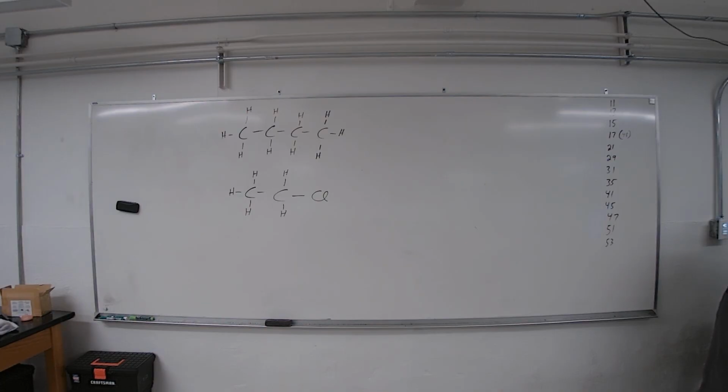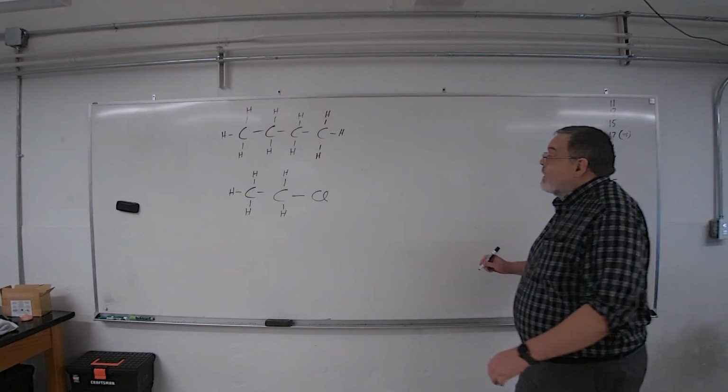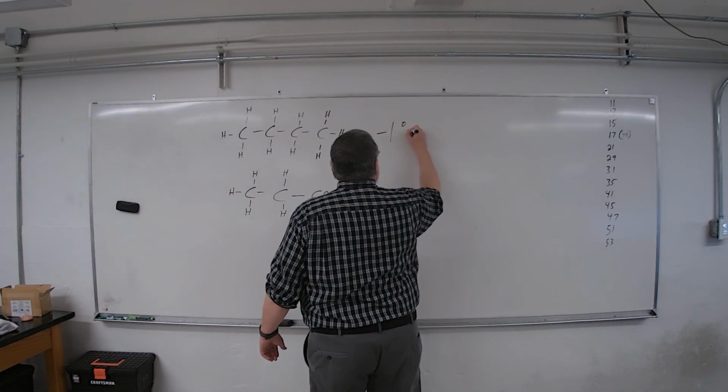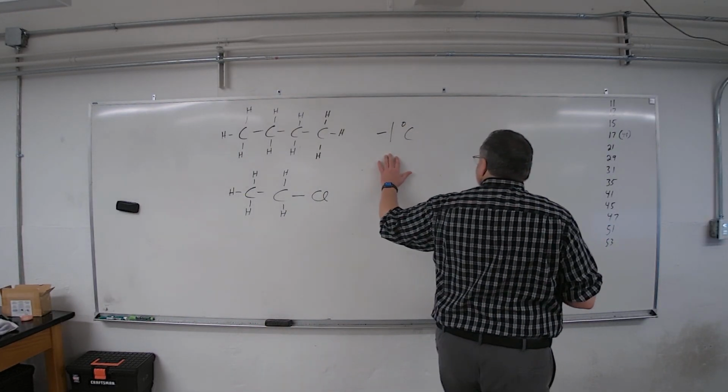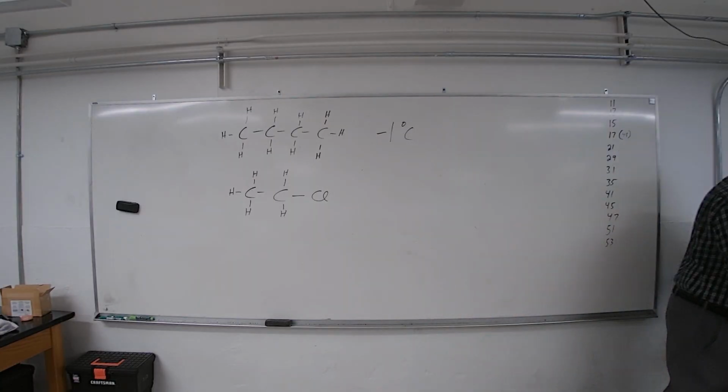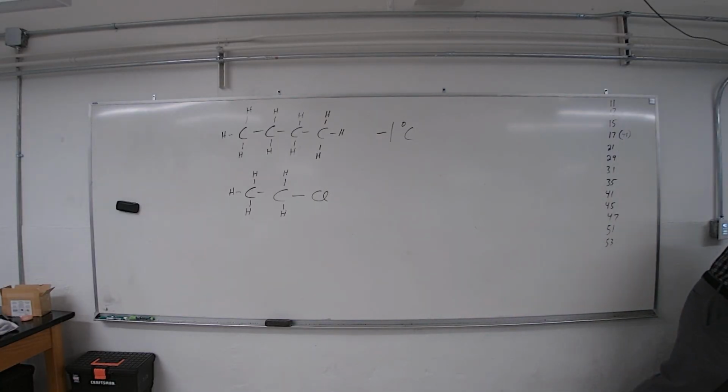Explain the differences. Okay, it's telling you it's -1, so just below 0 degrees C, that will boil.